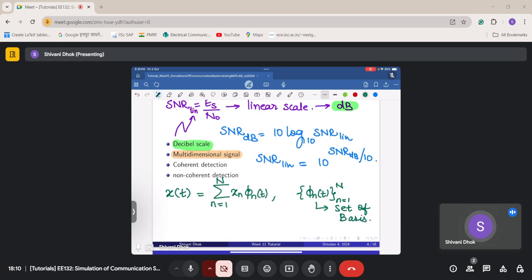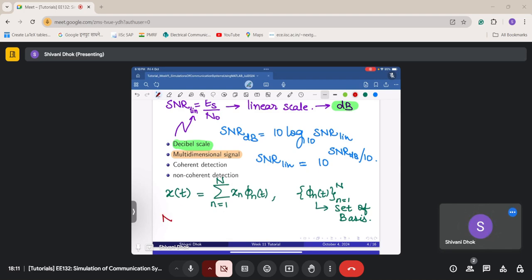We are writing x of t as a linear combination, or weighted combination, of these basis signals. The number of signals in the basis set is N, and this N is known as the dimension of the signal space, which is defined by this set of bases.